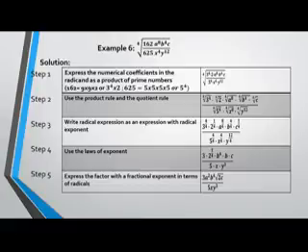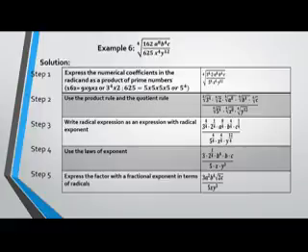So 162 has prime factors of 9 times 9 times 2, or 3 to the power of 4 times 2. 625 has prime factors of 5 times 5 times 5 times 5, or 5 to the power of 4. So this equation will become the 4th root of 3 to the power of 4 times 2 times a^8 times b^4 times c all over 5 to the power of 4 times x^4 times y^12.